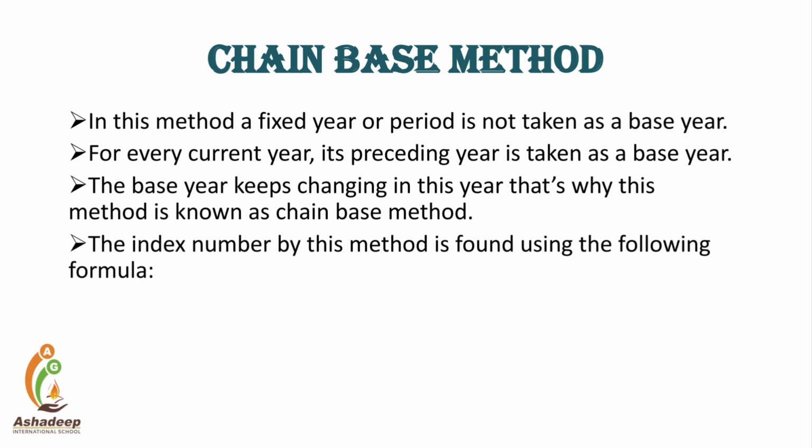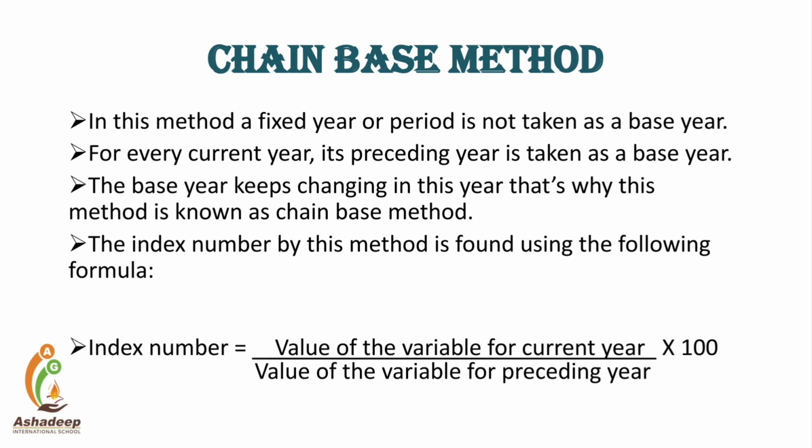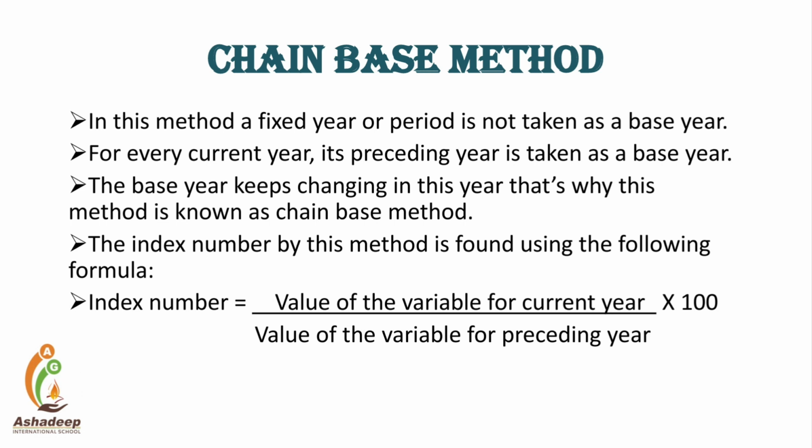The index number by this method is found using the formula: index number is equal to value of variable for current year upon value of variable for preceding year, multiply 100. Whatever we learned right now, we just put into the formula.